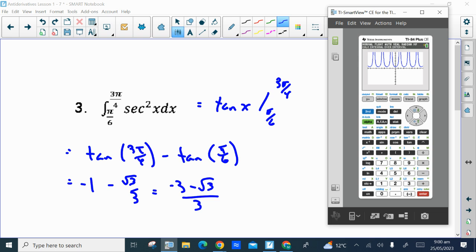We're going to get an error here because there is a vertical asymptote in between that interval.